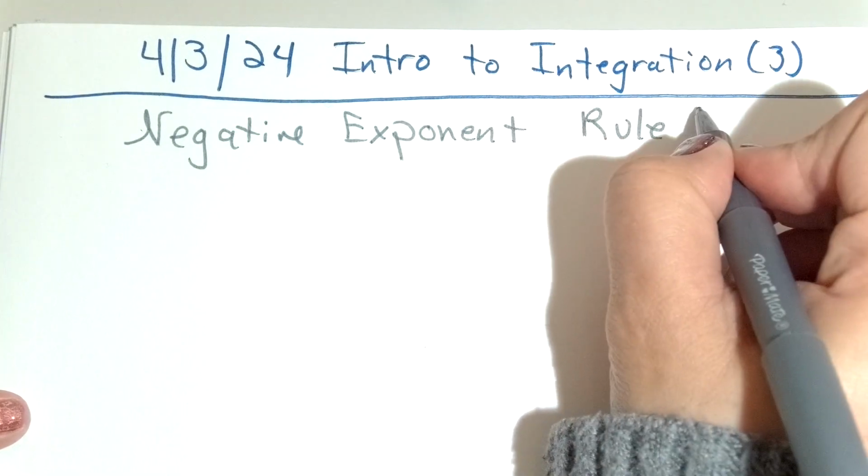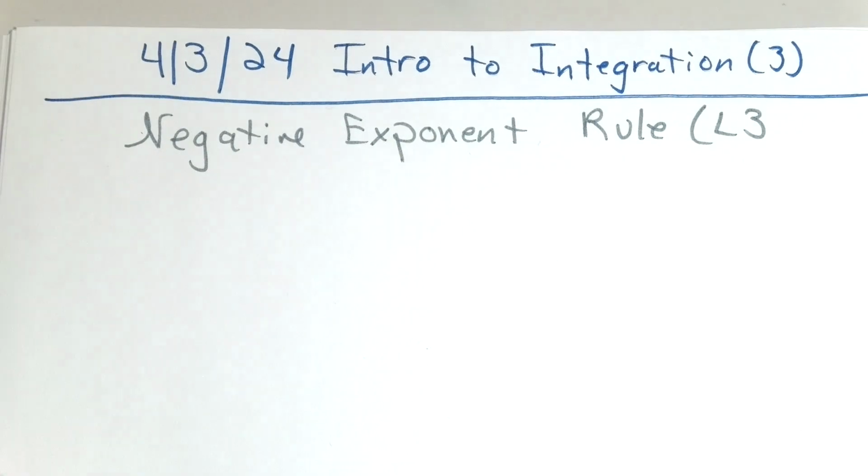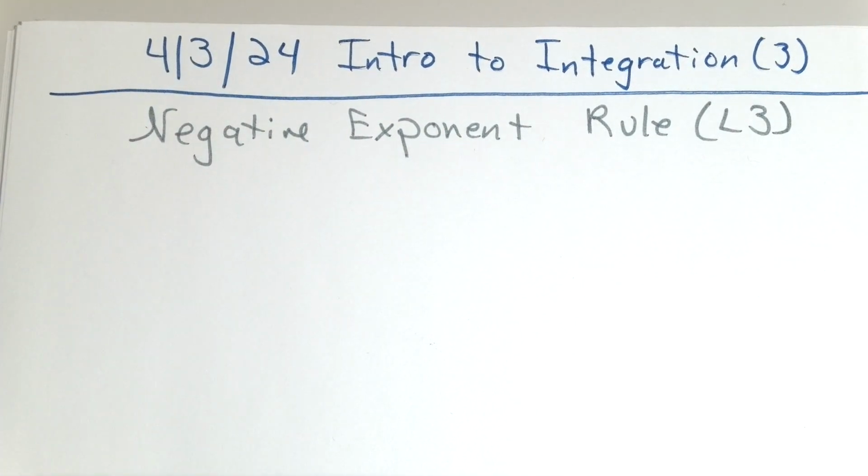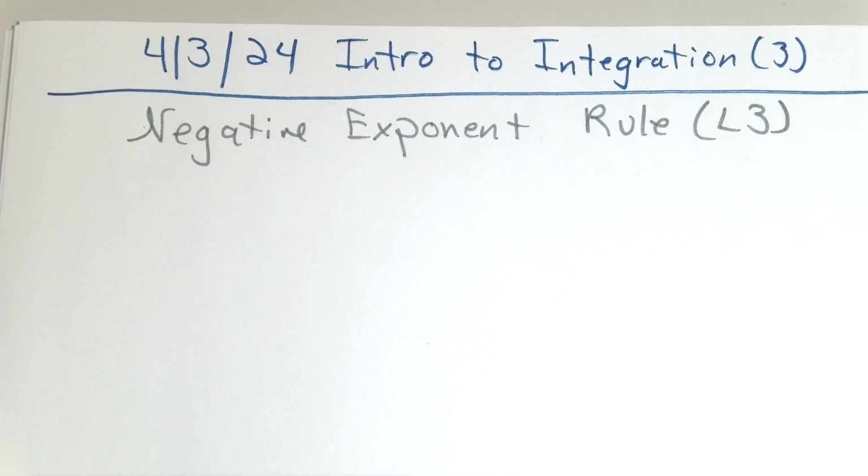The negative exponent rule, in addition to the power rule and constant rule, will be used in level 3. Now remember, this is to change exponents that are in the denominator to be able to help you use the power rule. Remember, we're using the power rule for integration, not differentiation, okay? Because we're using the inverse this time.